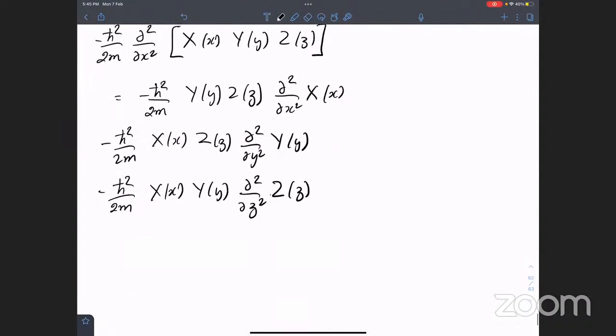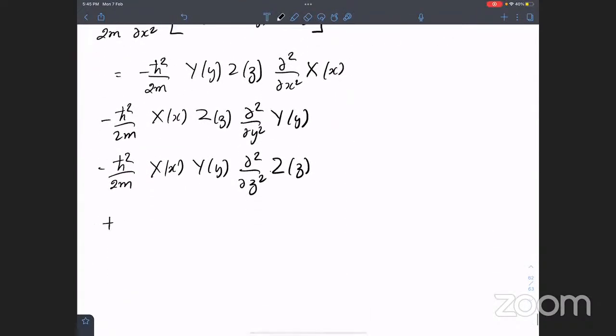Next, we'll do the second term, plus u, and here we're going to make an assumption that this u is also separable. If it is not separable, then we are out of luck. So this also has to be separable. So I'm going to call it ux of x, uy of y, uz of z.